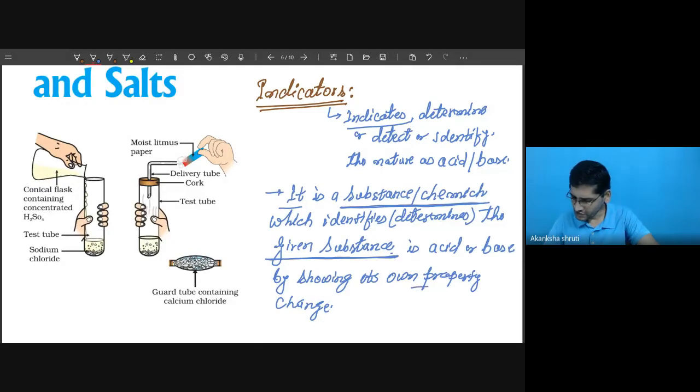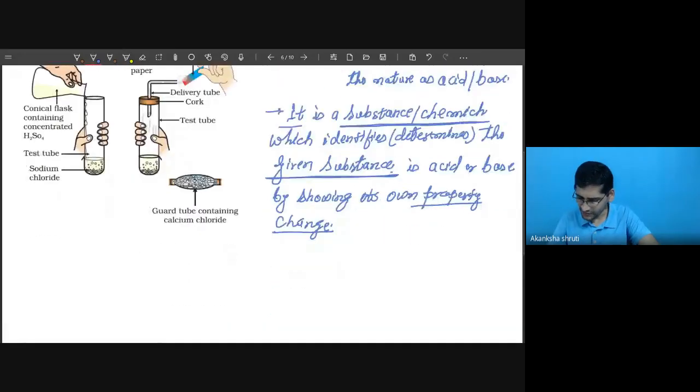The indicator shows some property change if we put it in acid, irrespective of the acid, whether it is H2SO4 or HNO3 or HCl, any kind of acid.